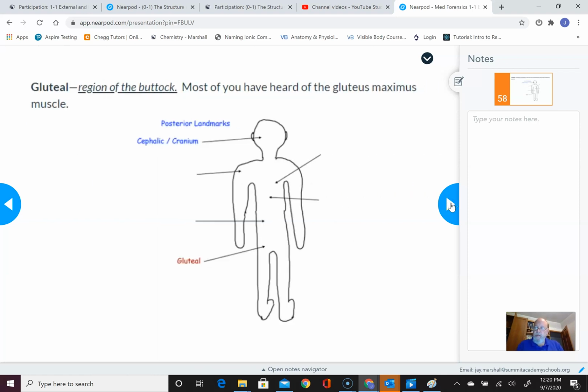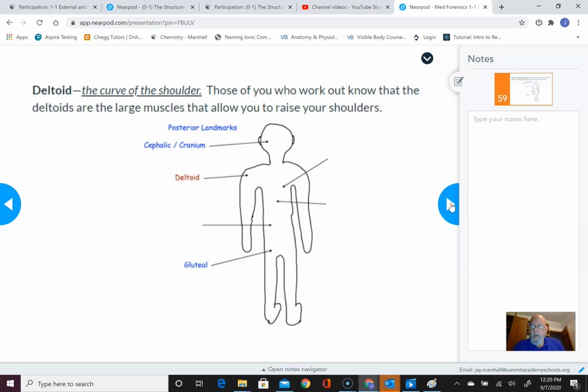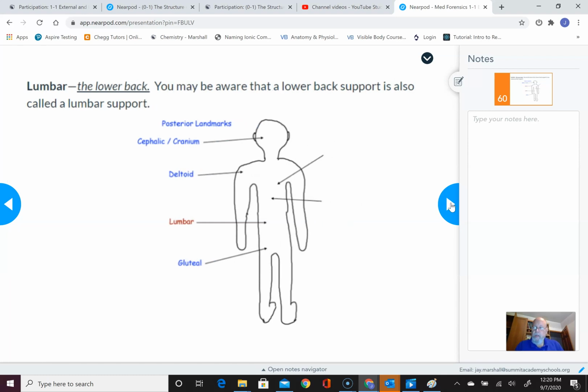The gluteal region is the region of the buttock. You've heard of the gluteus maximus muscle. For those of you that work out, you know your deltoids are the large muscles that allow you to raise your shoulders. So we have the deltoid region. The lumbar region is the region of your lower back. You may be aware that a lower back support is also called a lumbar support.